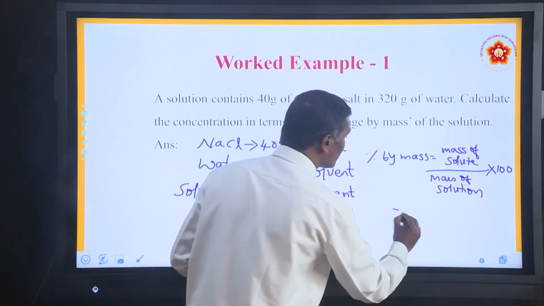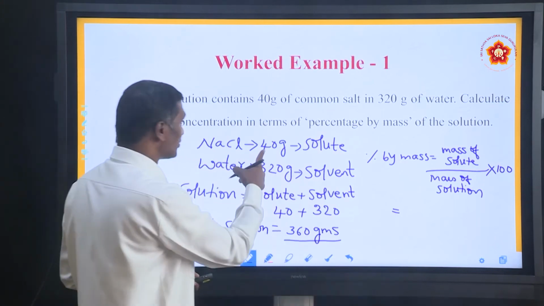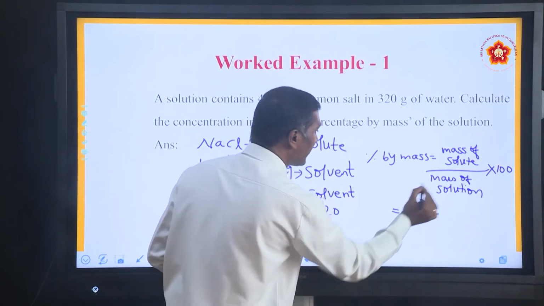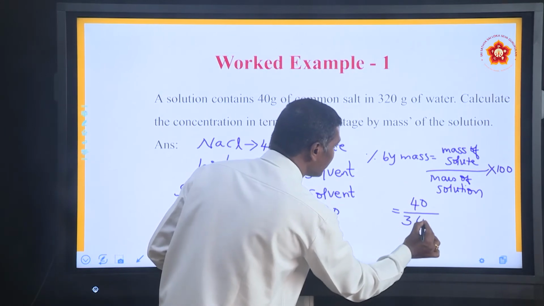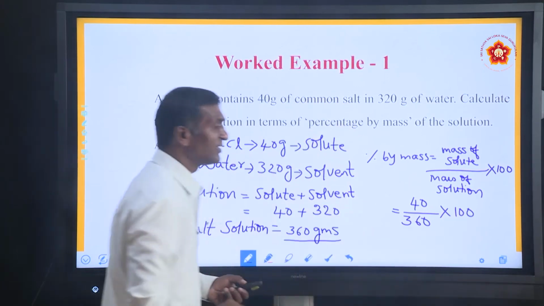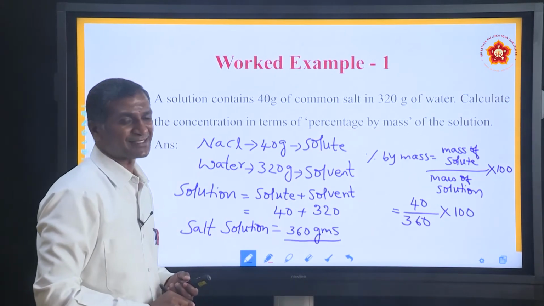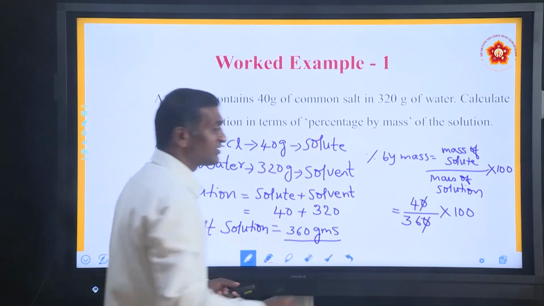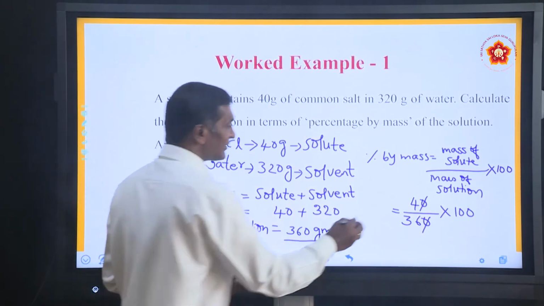So, here you are going to get mass of solute, that is 40 grams, divided by mass of solution, it is 360 grams, into 100. A simple mathematics where the numerator 0 and the denominator 0 get cancelled.